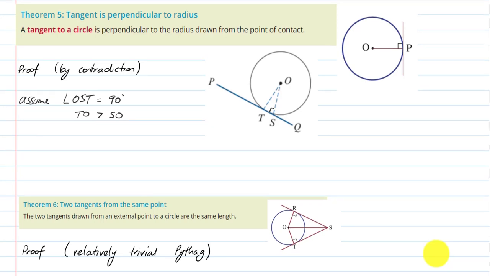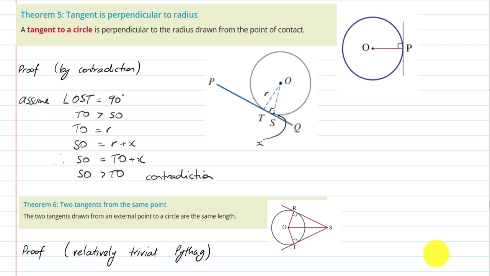We're going to contradict this using a geometrical reasoning proof. Imagine I call this little extra bit X. TO is equal to R, the radius, and SO is equal to R, the radius, plus X, a little bit more. And so SO is equal to TO plus X, which means that SO is greater than TO, which is a contradiction.